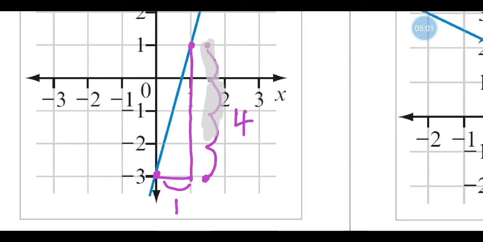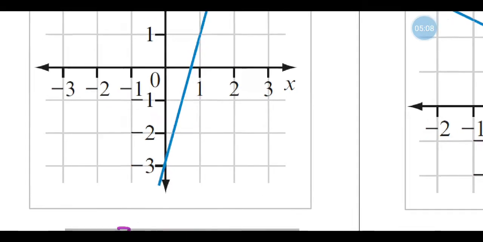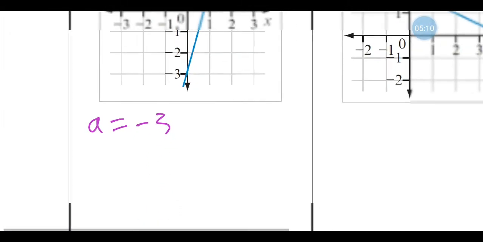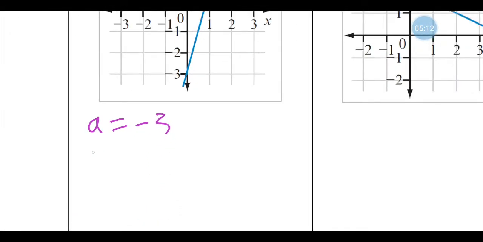So let's set out the algebra now. So b is rise over run, which is 4 over 1, which is 4.